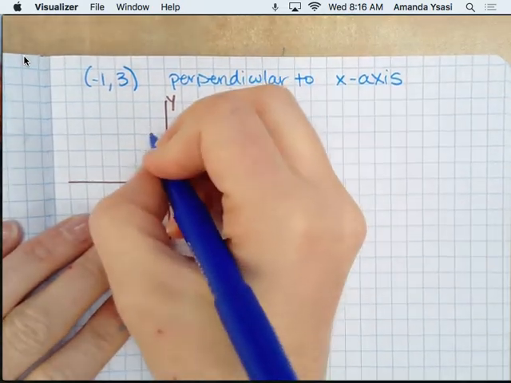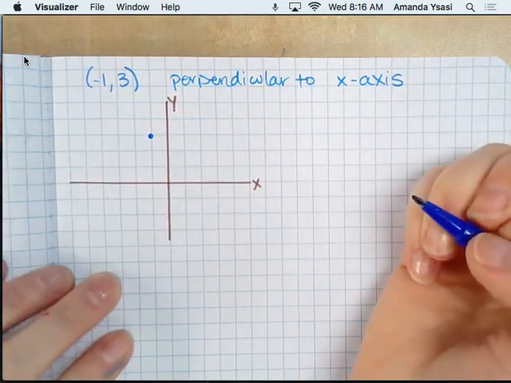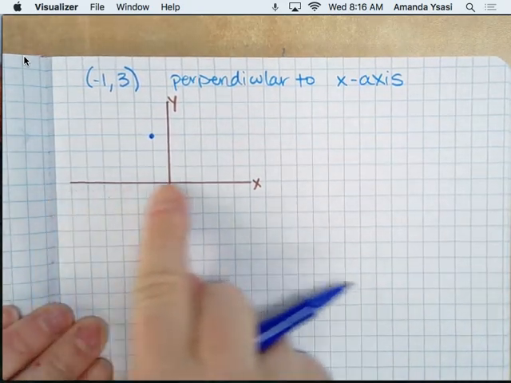So negative 1, 3. We have our x-axis right here.